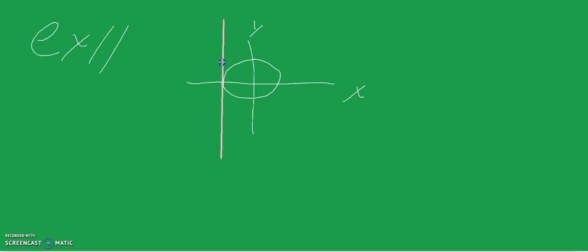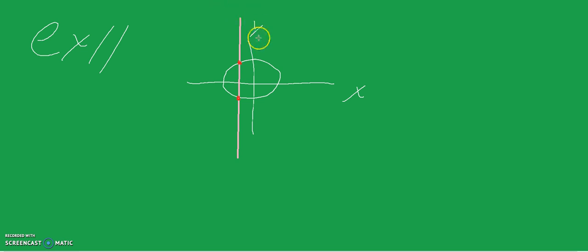At this point right here, it only crosses once. But as soon as I get to the inside of the circle, I can see that it crosses twice, right here and right here. It intersects my vertical line twice.